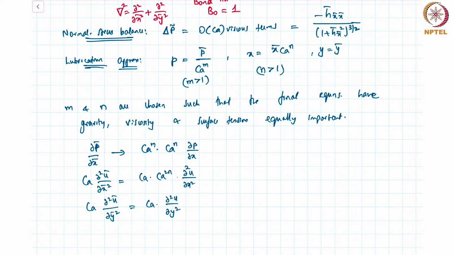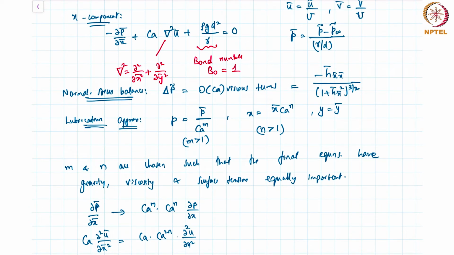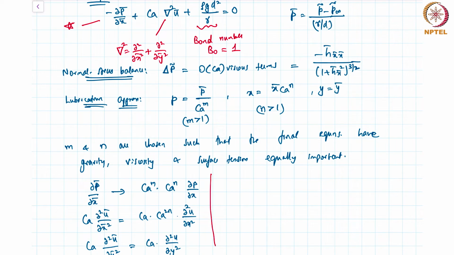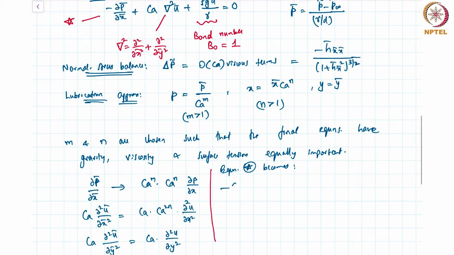So the equation, let's call this equation star, becomes, I'll write it right here so that you can see this: minus capillary power m plus n del p by del x plus capillary number times, so what are the two terms that we have, capillary power 2n times u_xx plus u_yy plus 1 is 0.